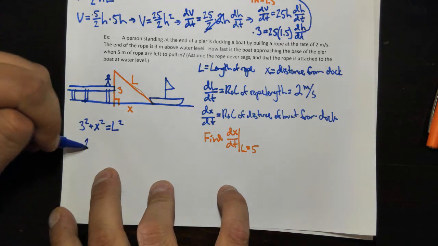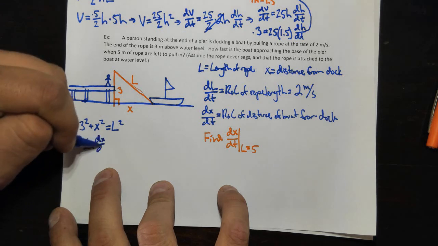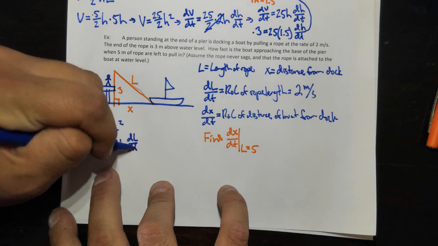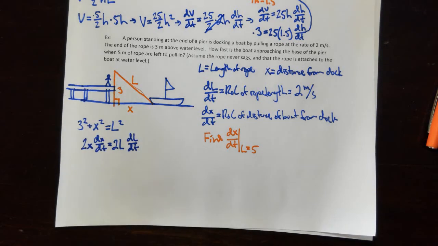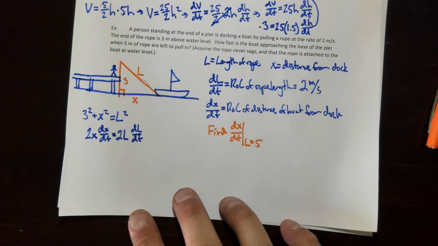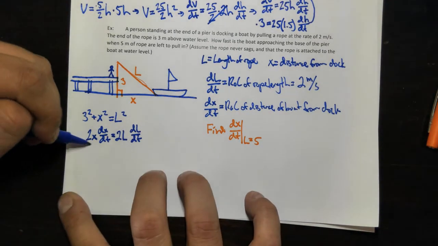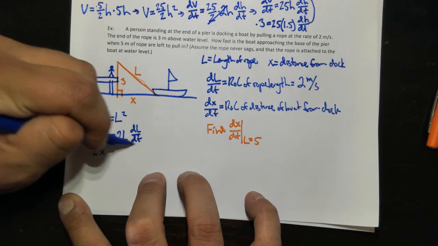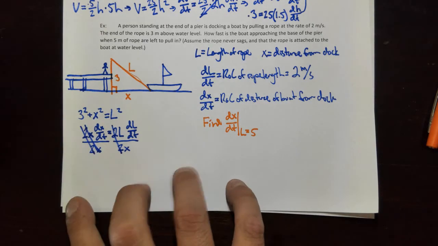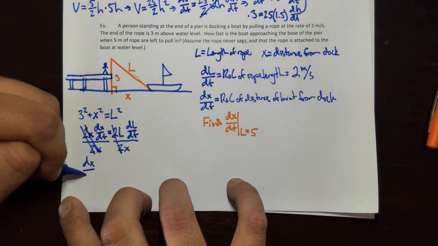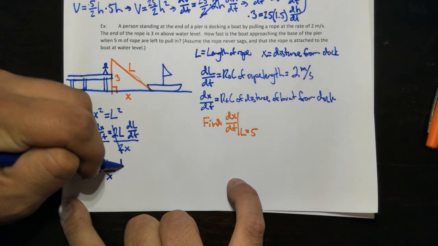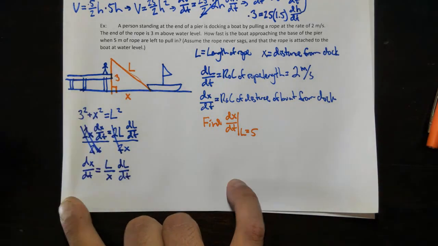We're going to have 2x dx/dt equals 2L dL/dt. We're solving for dx/dt, so let's divide both sides by 2x to get dx/dt by itself. These 2's cancel. So we have dx/dt is equal to L over x times dL/dt.